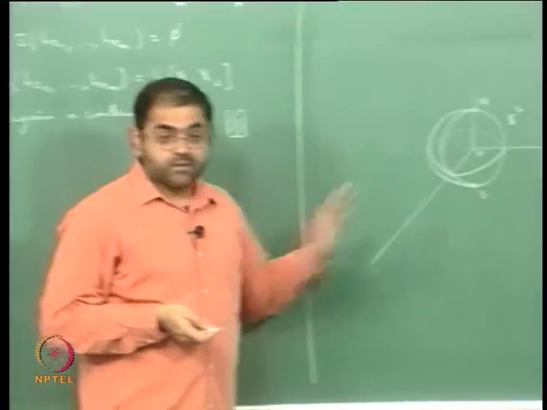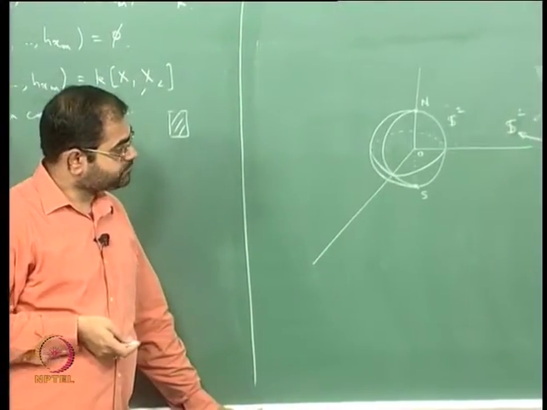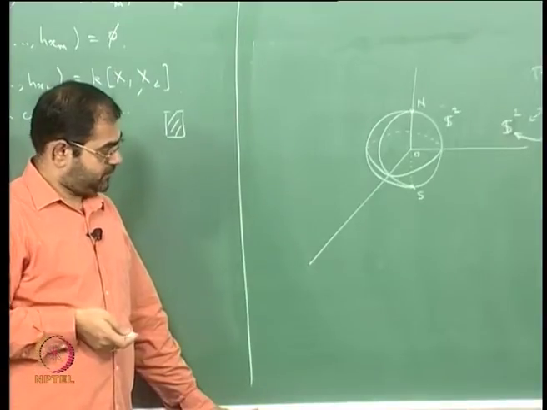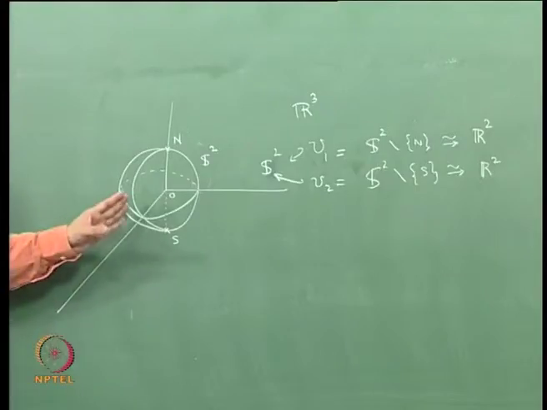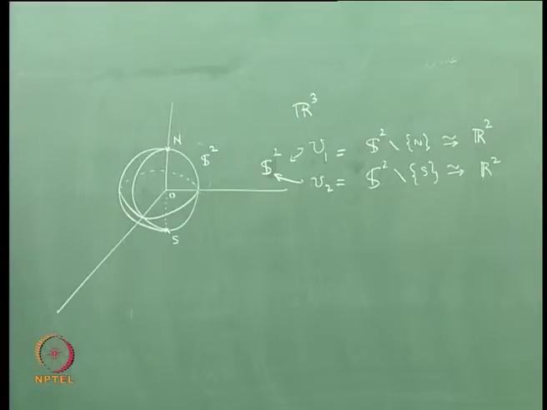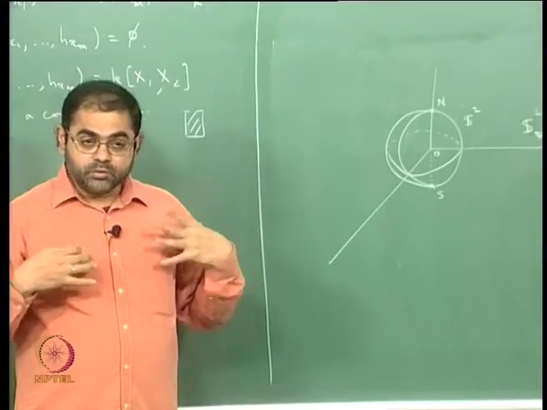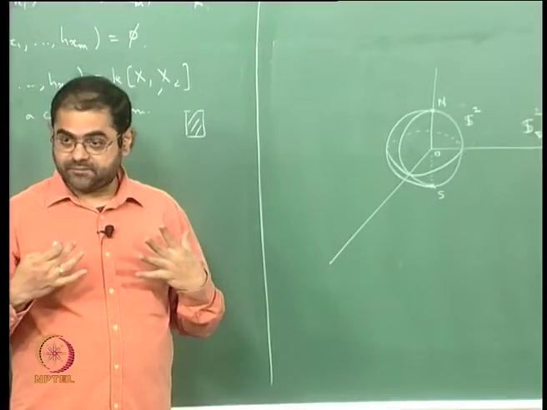So the moral of the story is that by gluing spaces you are getting spaces with new properties, and this gluing process is the process that is used to produce new spaces from old spaces, alright.